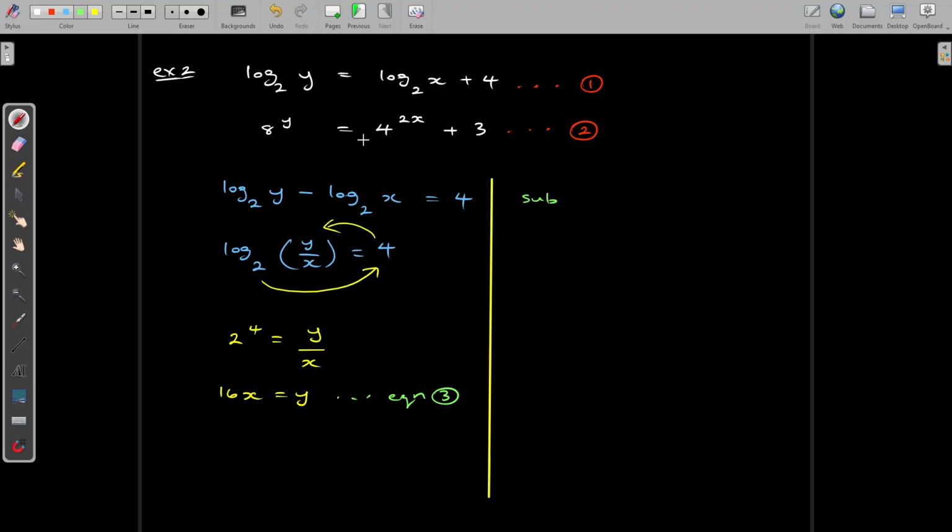Well, let's see if we can do anything to this first. Let's see if we can break this down a bit. So we have 8 to the y is equal to 4 to the 2x. So based on the laws of indices, this 8 here is the same thing as 2 cubed, right?